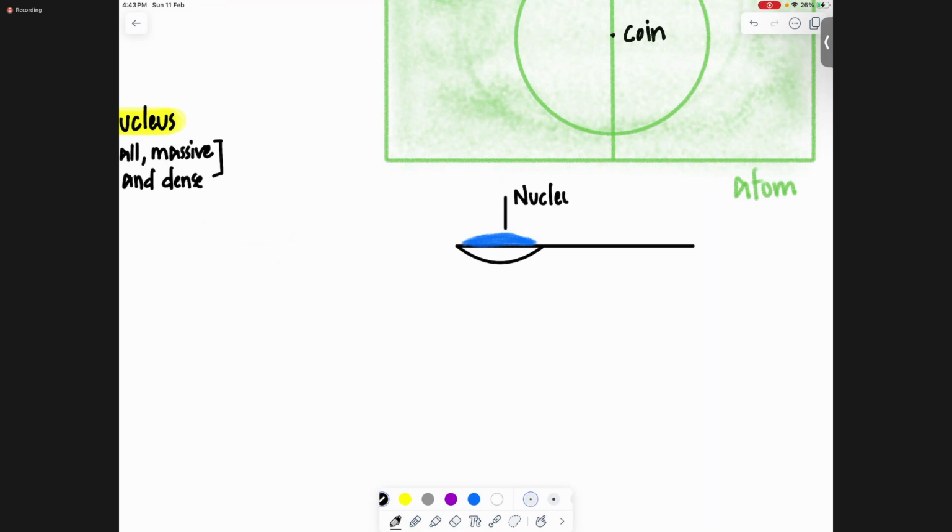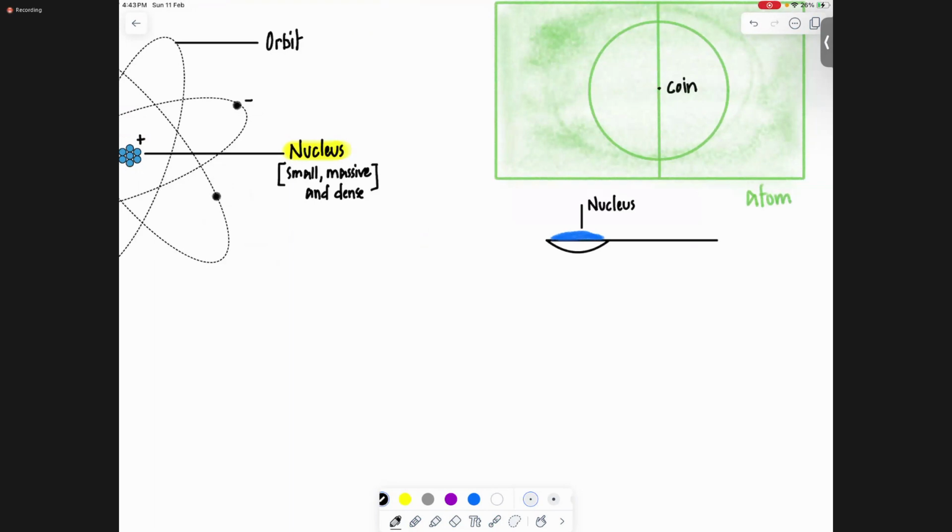Was something somebody wondered for some reason. I don't know why, but thankfully we now have a number. So if you take a teaspoon or a tablespoon of nucleus, the mass of this would be similar to the Himalayan mountain range.